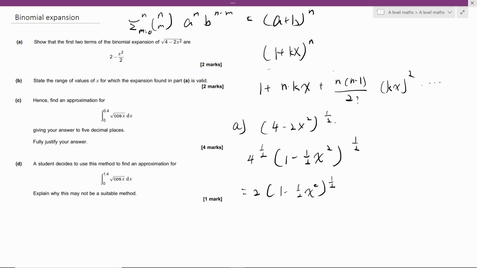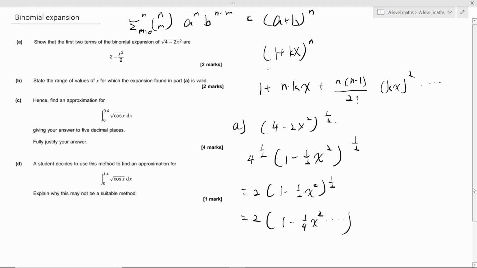And now we can use this formula, so 2 times 1 plus a half times minus a half x squared, so minus 1 over 4 x squared. And it continues on with higher order terms, but we ignore those here.